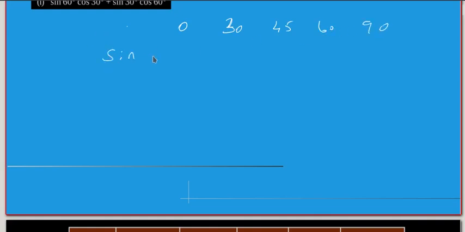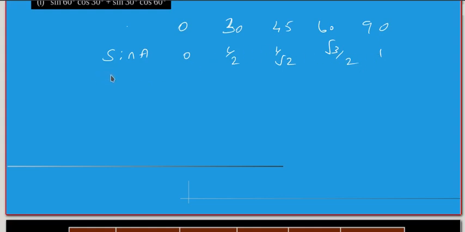We name the angle A, so sine A is 0, 1 by 2, 1 by root 2, root 3 by 2 and 1. We got these values, and we have seen the shortest way to arrive at them.